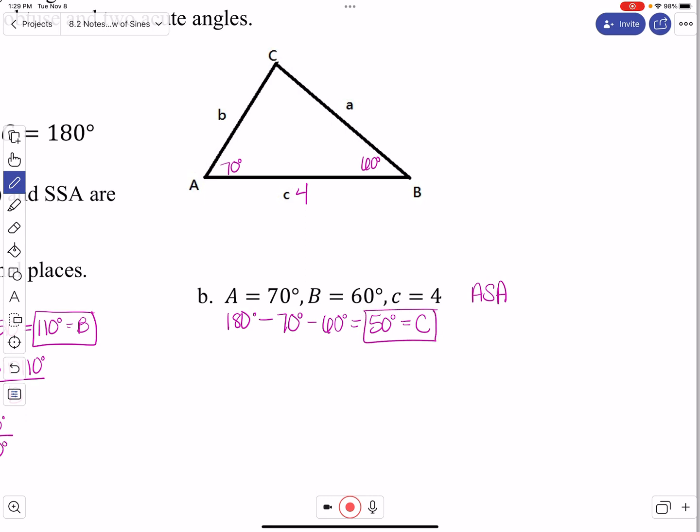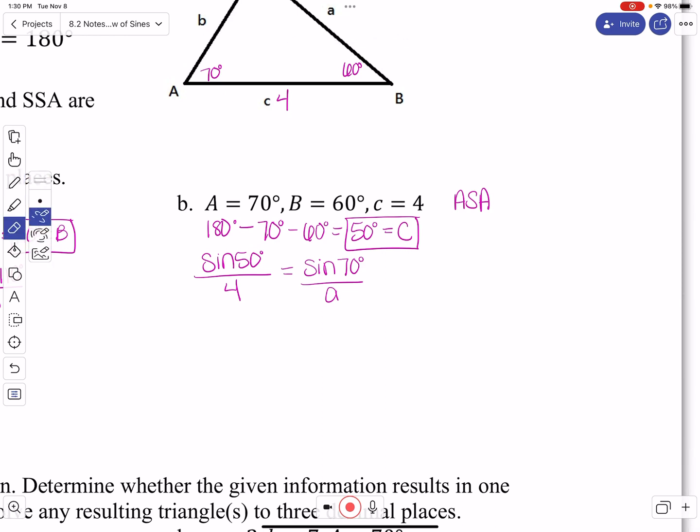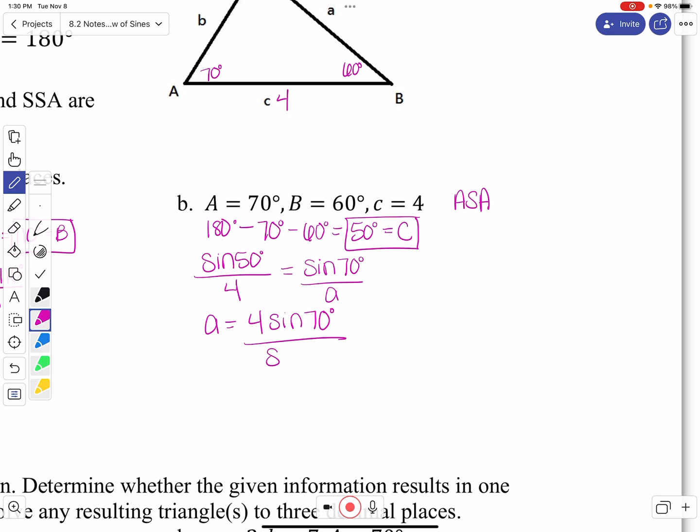All right, so to start off, I can set up sine of 50 over 4, because I have my C, and I'm going to find A first. So sine of 70 degrees over A. So A is going to equal, if I cross multiply, 4 times sine of 70 over sine of 50.